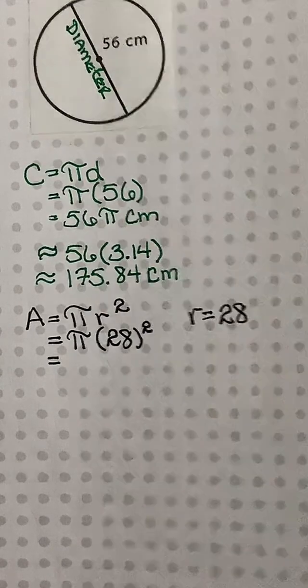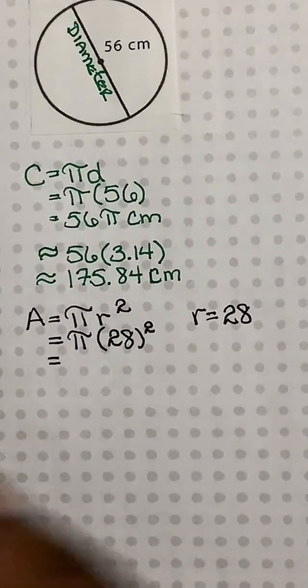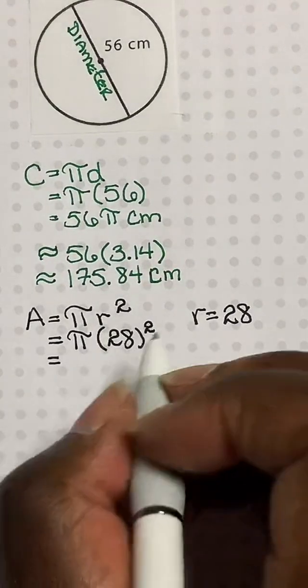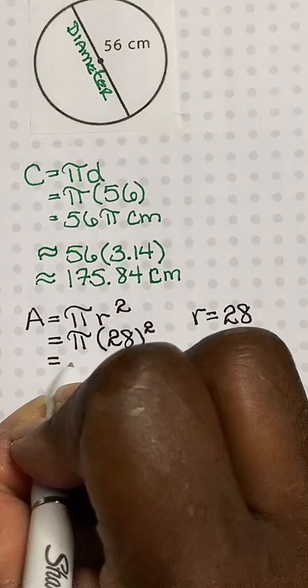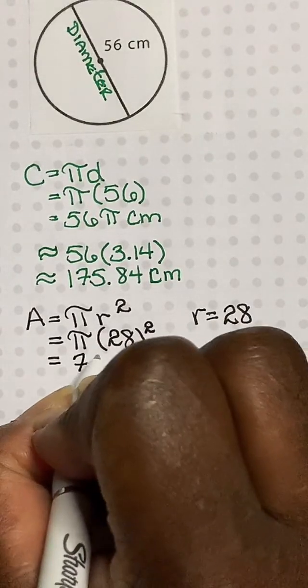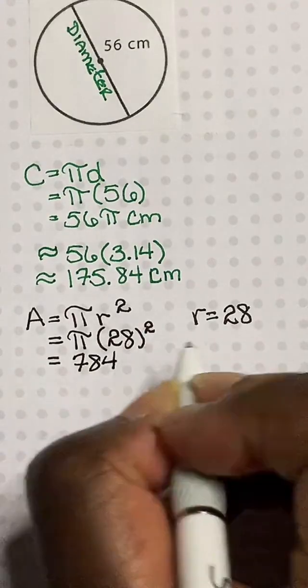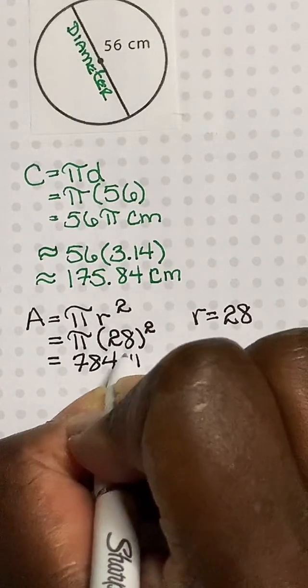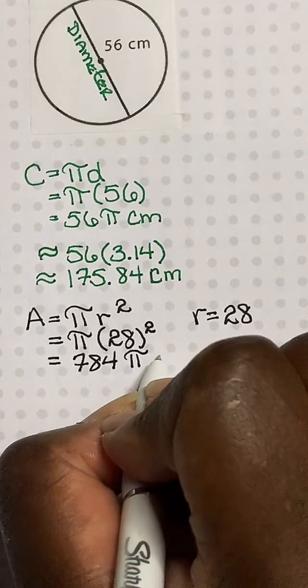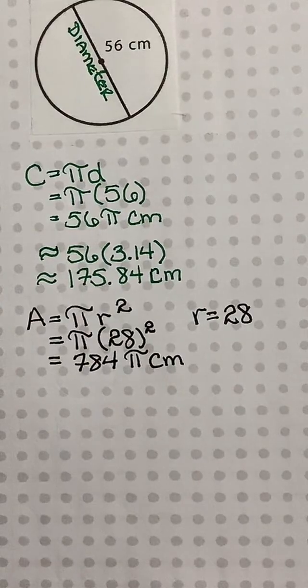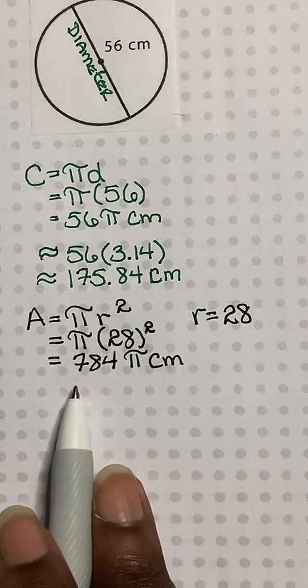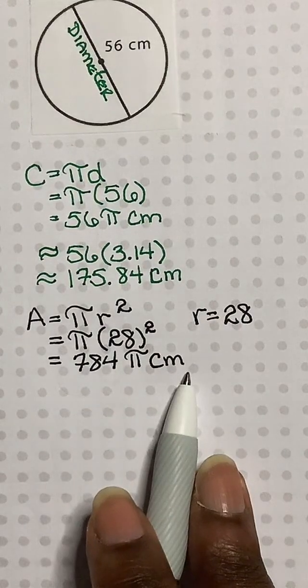Okay, good. Good job, everyone. So 28 squared gives us 784. Bring down the pi, and then bring down the measurement. Okay, so that is the exact area.